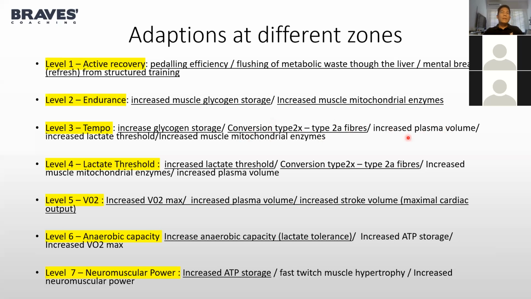Increased plasma volume, that's just more blood. This starts to fade away as you work through the levels, and you get different stimuli and different adaptations. Increase VO2 max, obviously when you do VO2 max intervals, means you're able to consume and process more oxygen at your maximum effort.